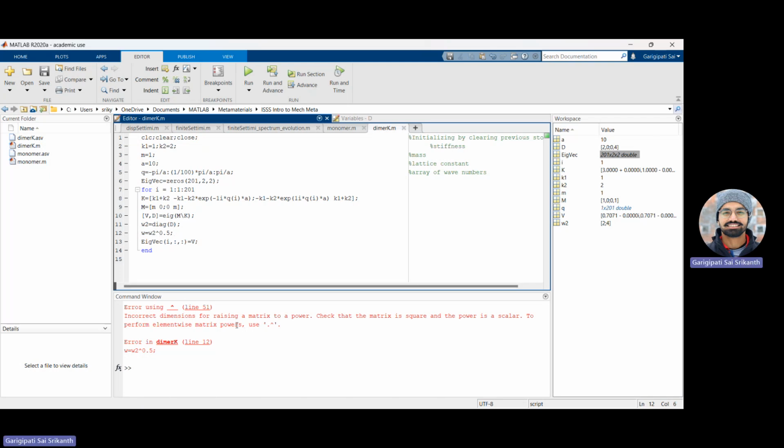What they're saying is incorrect dimensions for raising power.